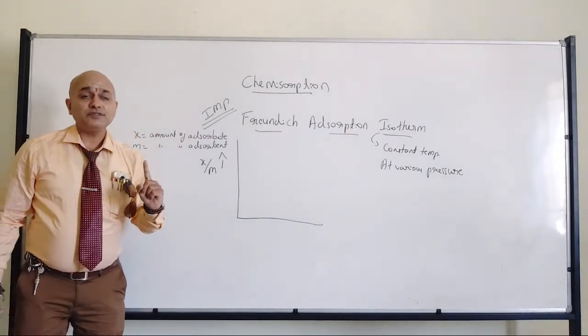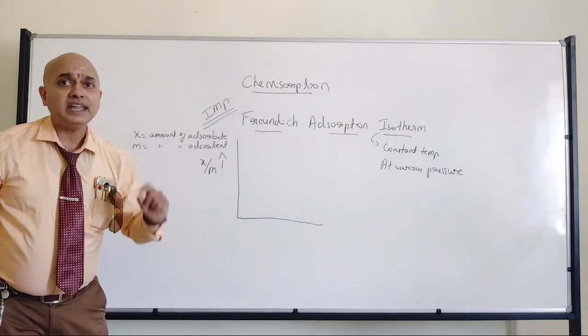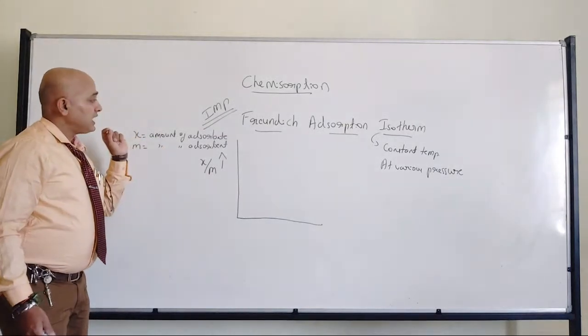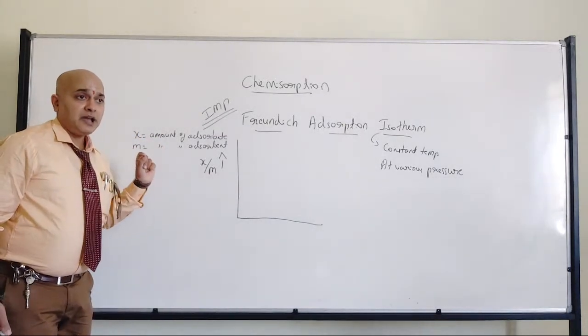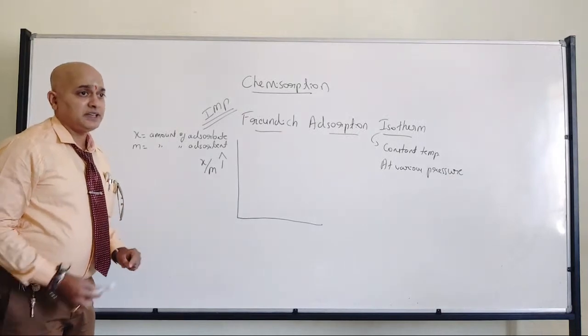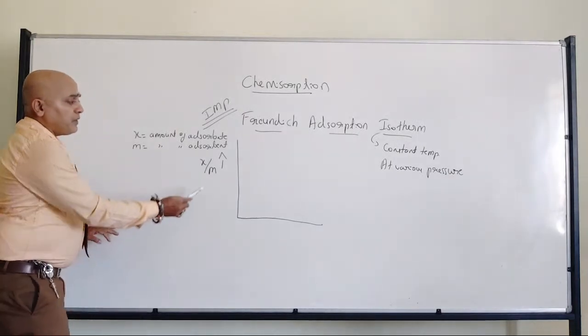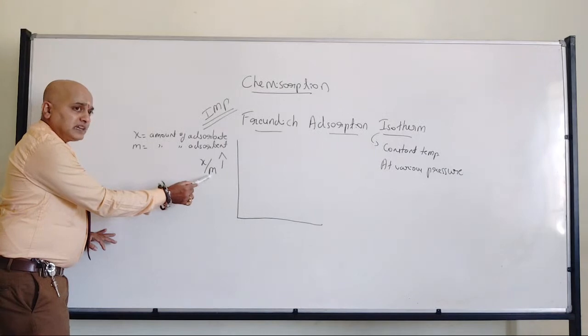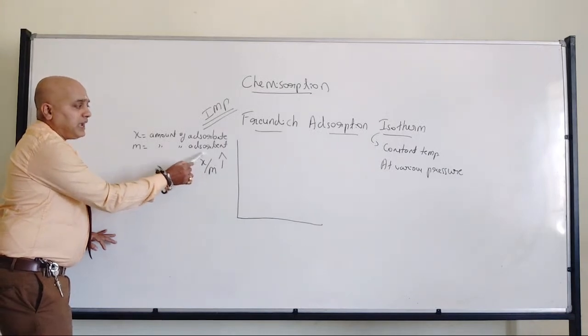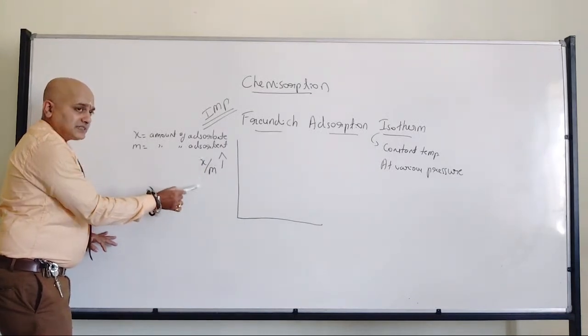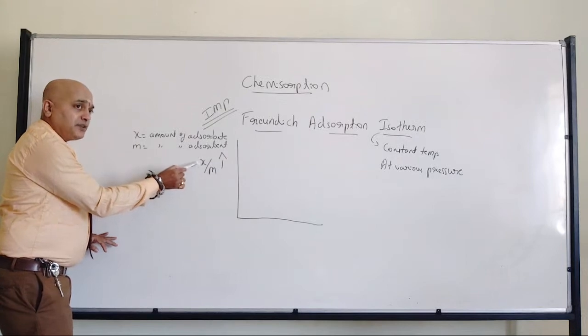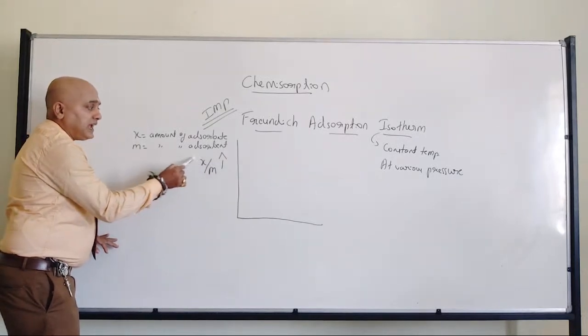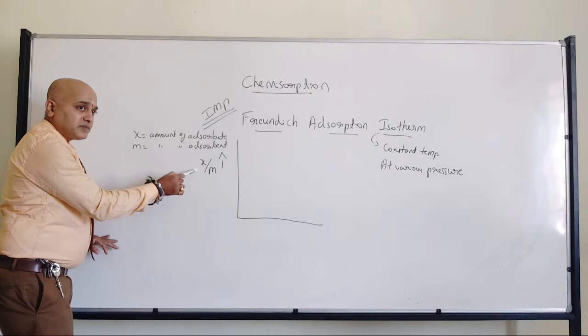Don't get confused. If you are not understanding what I am telling, you can ask me the question. I am ready to explain it once again. As the m value increases, the x by m value is going to decrease. As the x value increases, the x by m value is going to increase.